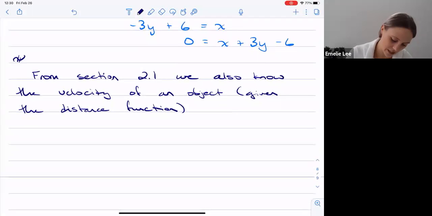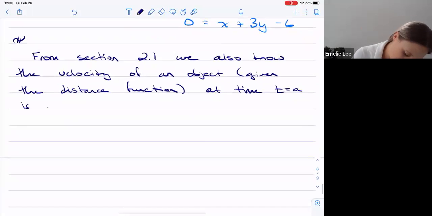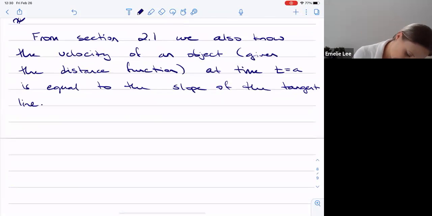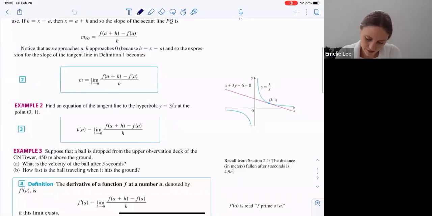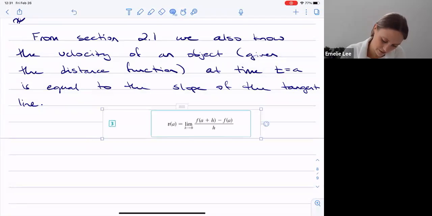So we also know the velocity of an object at time t equals a is equal to the slope of the tangent line. So I'll grab that little definition here.